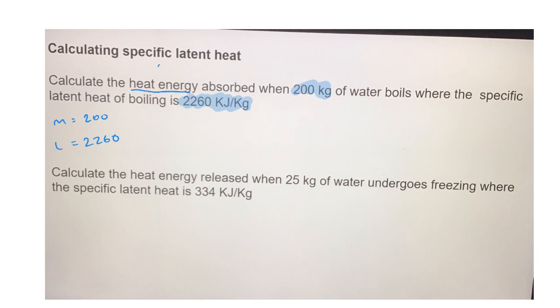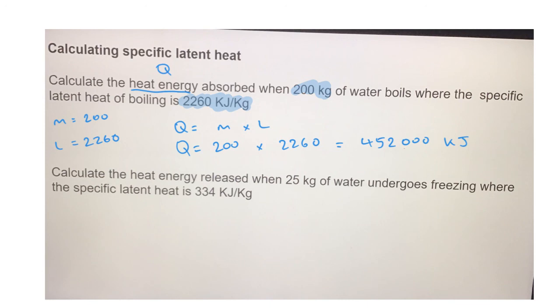They've asked me to calculate heat energy, which is Q. So I'm going to do Q equals M times L. Swap my numbers in. I'm going to use a calculator to do this, okay, to make no silly mistakes. And this is going to give me 452,000 kilojoules. Okay, I'm going to make sure I've got my units.